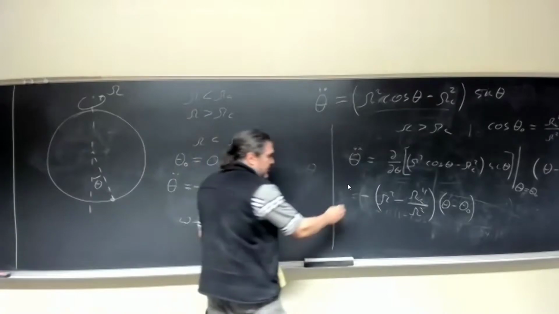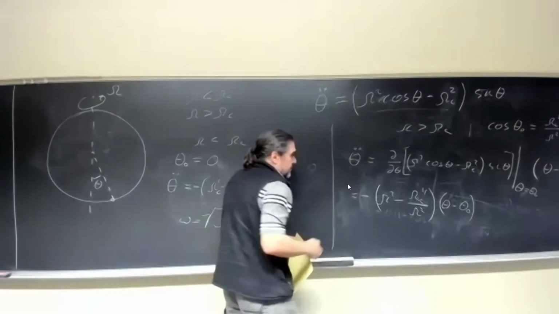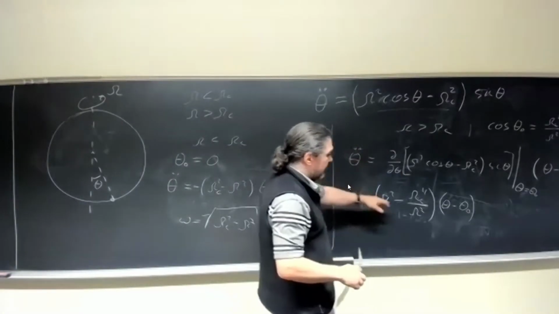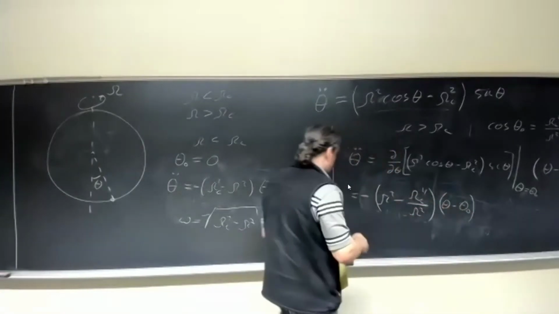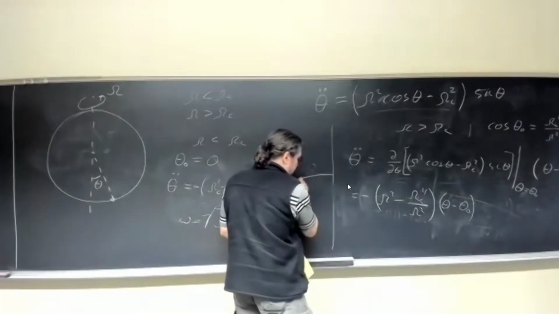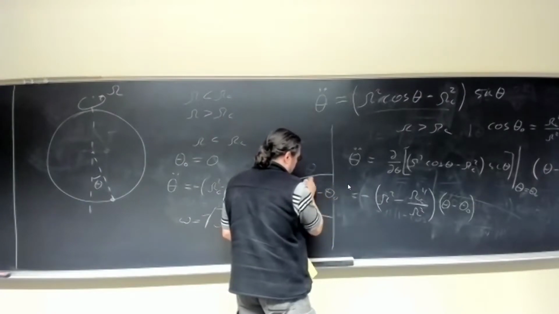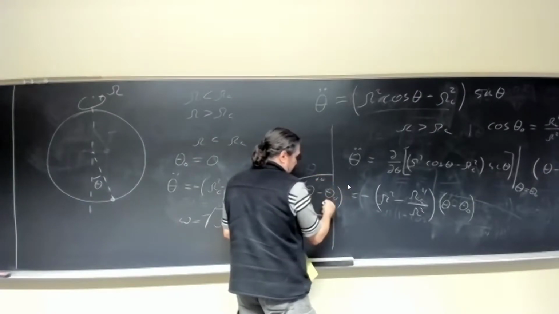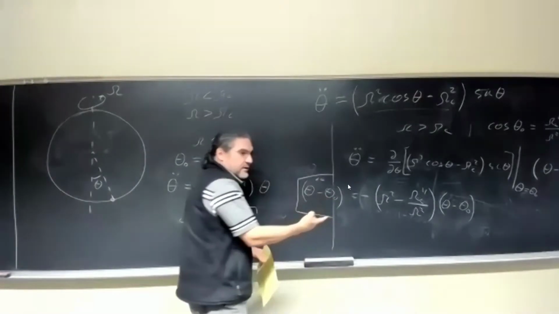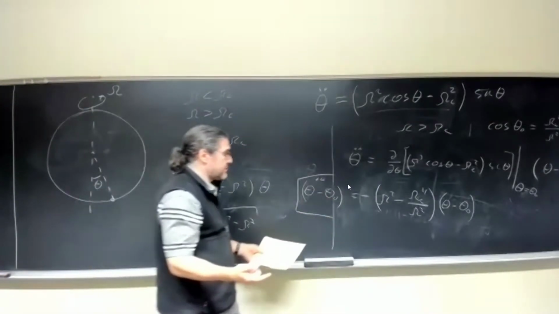But now you see that instead of theta double dot, I can always write theta minus theta naught double dot, because the double dot of theta naught is 0. It's a constant.